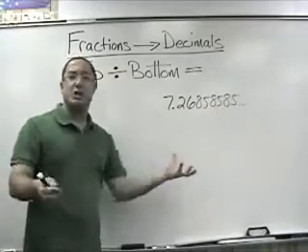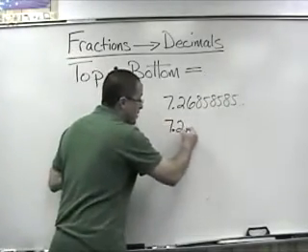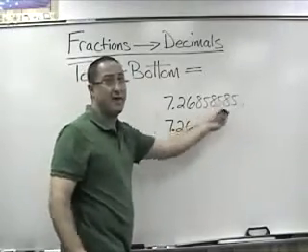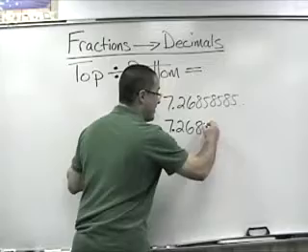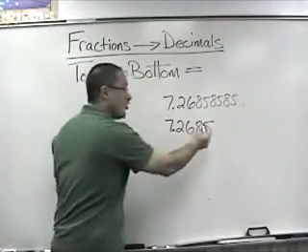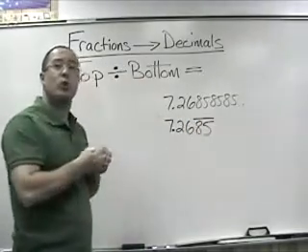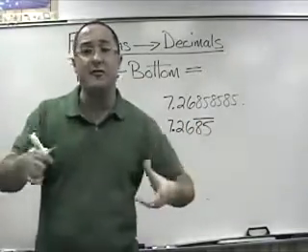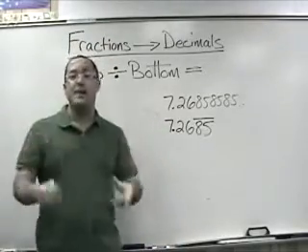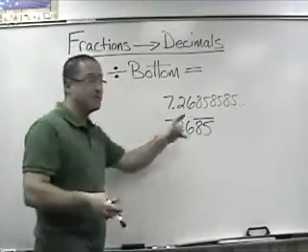How do I shorten this using the repeating bar? Well, are the 2 and the 6 going to repeat? No. What's repeating? 85, 85, 85. So I put 85, and where do I put the bar? Over the whole thing? Over just the 5? No, I put the bar over the 85, because that's what's repeating. When you have to write a repeating decimal, you have to put the bar over what is repeating. You have to. Okay? Only over what's repeating.